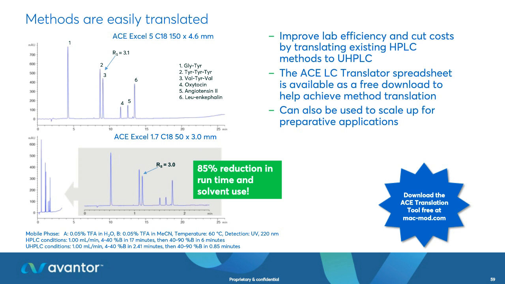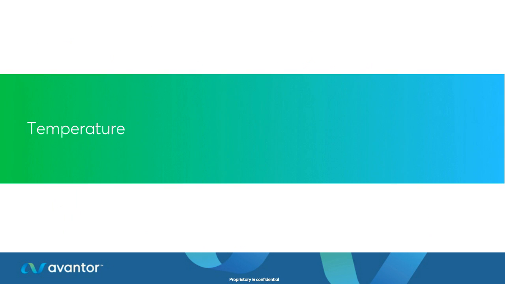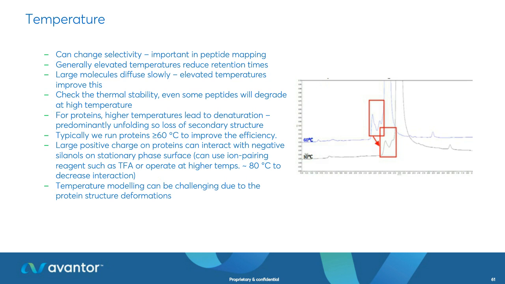So finally, just a very brief mention of temperature. And temperature is something you should consider. It affects both the protein structure and also the method. So do consider how it's going to potentially denature your protein. Here, for example, we've got separation of a monoclonal antibody, and you can see a much better valley when we've gone up to 60 degrees compared to when we're running down at 30 degrees.